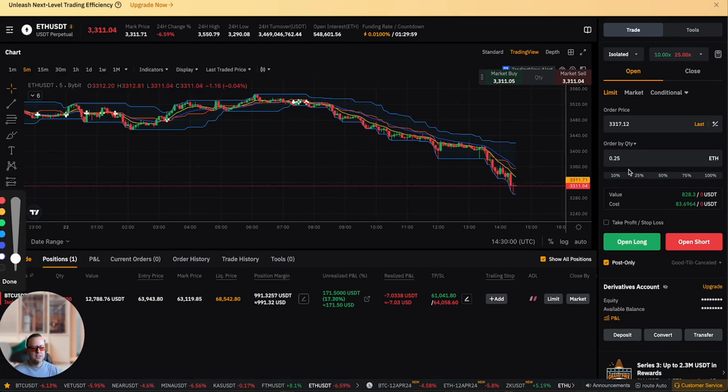So you put that quantity in there. You can use any of these little buttons to find your quantity, and at least you have an idea of, okay, if I click this 10%, it's going to put 10% of the money that I have in this account in here. And so in that scenario, let's just say it's 0.25.